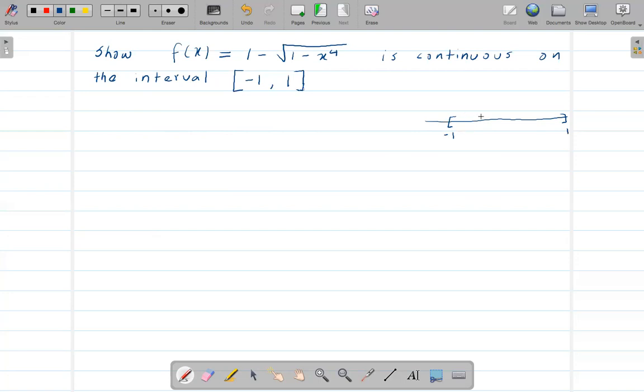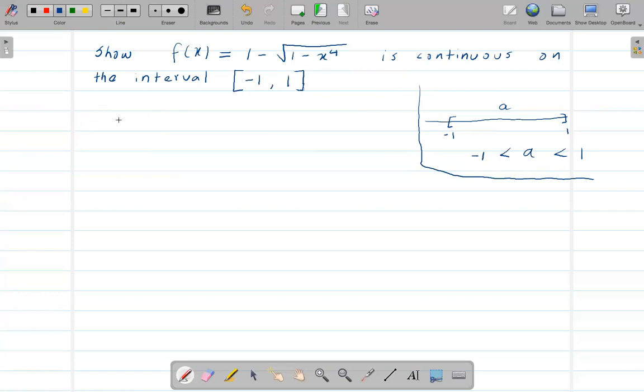Let's say there is a random point, any point on this interval, and let's say that point is A. A is in between -1 and +1. We are not including the endpoints, we're just saying any point in between these two. I'm just making this picture to explain what exactly the problem was asking.